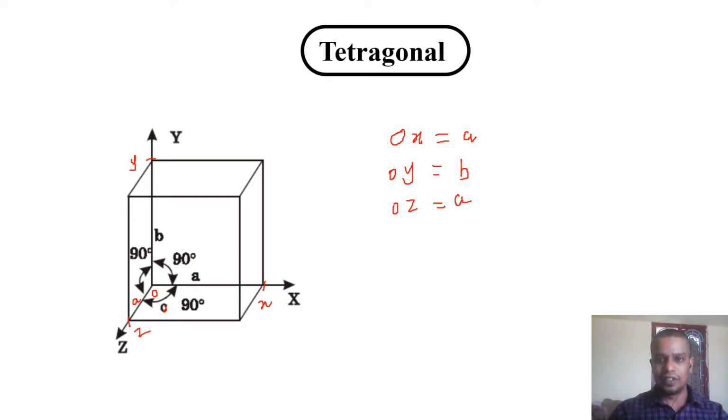In the tetragonal system, two sides are equal and one side is not equal.